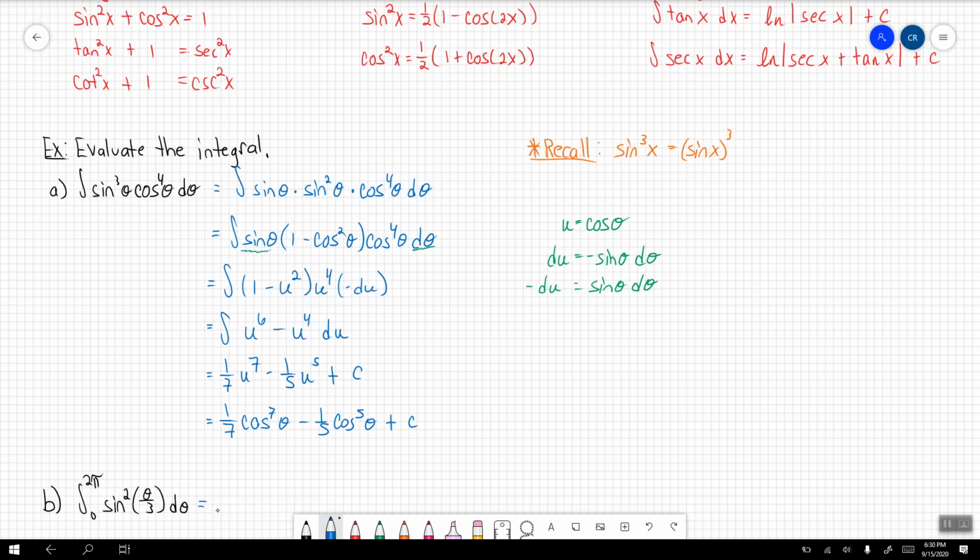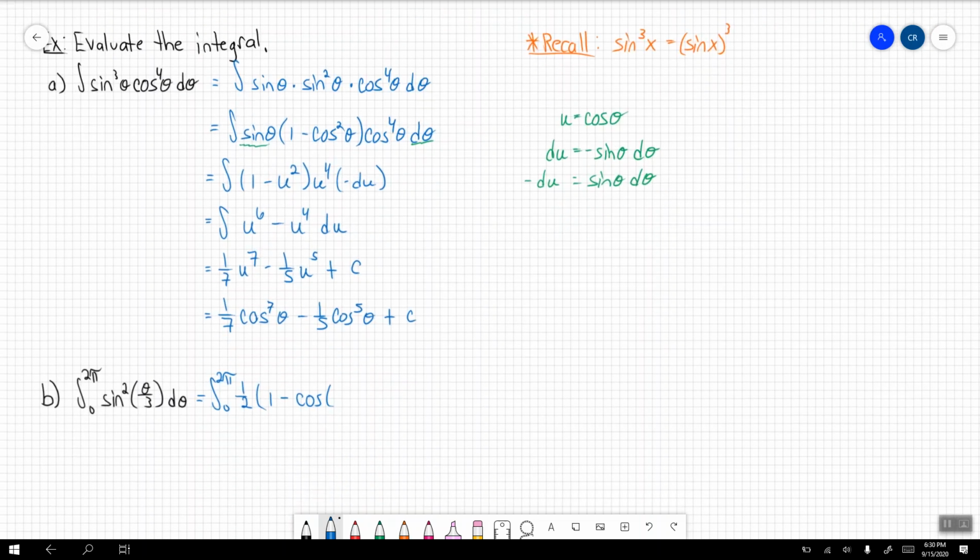So making this replacement with this identity, I have the integral from 0 to 2 pi, and this is now going to be 1/2, because sine squared of theta divided by 3 is equal to 1/2 multiplied by 1 minus cosine of 2 times the argument. So 2 times the argument is 2 times theta over 3, and this is going to be d theta.